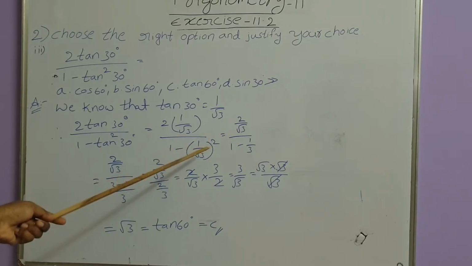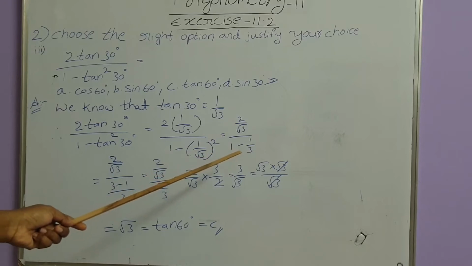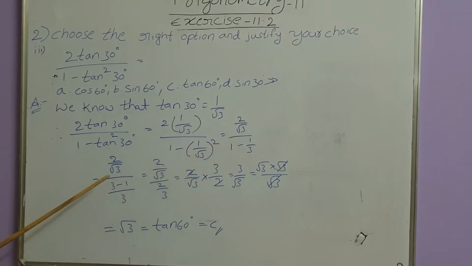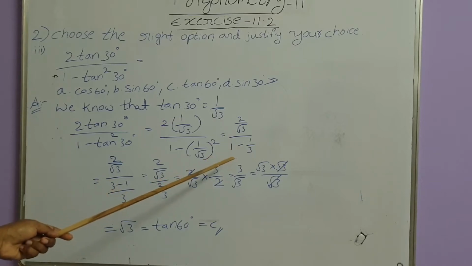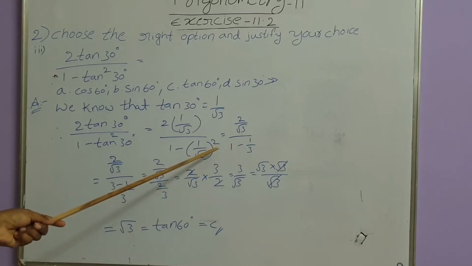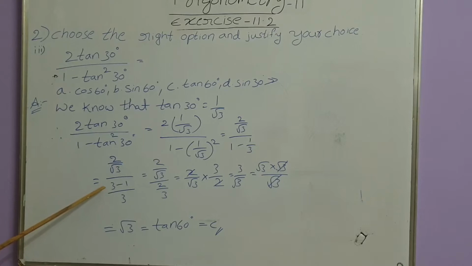This root and square become cancelled. We have 3. 2 by root 3 by 1 minus 1 by 3. Take LCM, 3 is multiplied with 1, 3 into 1 is 3. So here 3 minus 1 by 3 is equal to 2 by root 3 by 2 by 3.